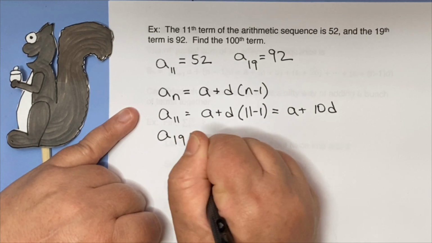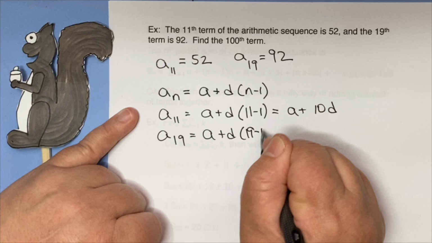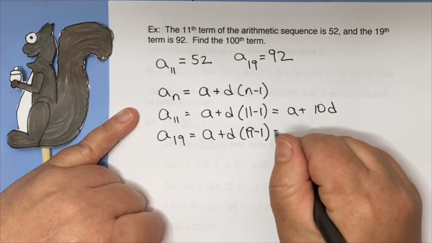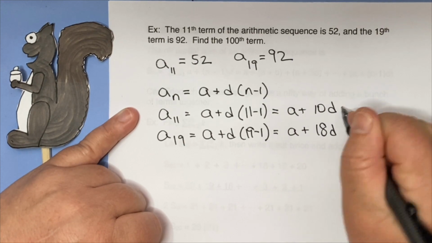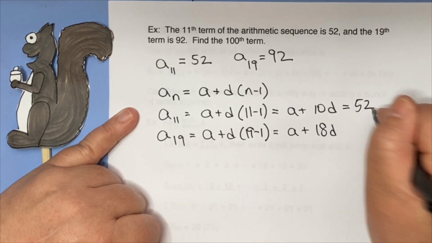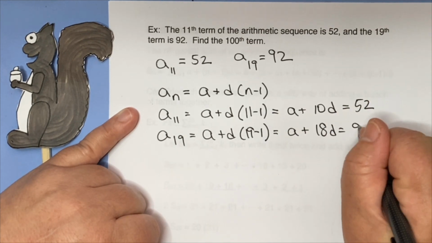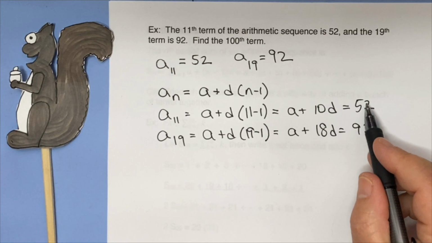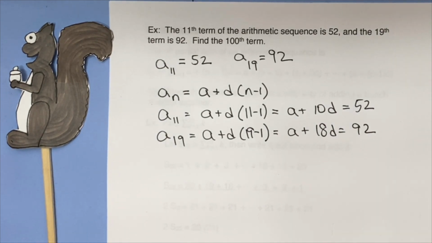A sub 19 is a plus d times 19 minus 1, which is a plus 18d. Now we know that a sub 11 is 52. We know that a sub 19 is 92. Looks like I got 2 variables, 2 equations. I got a 2 by 2.